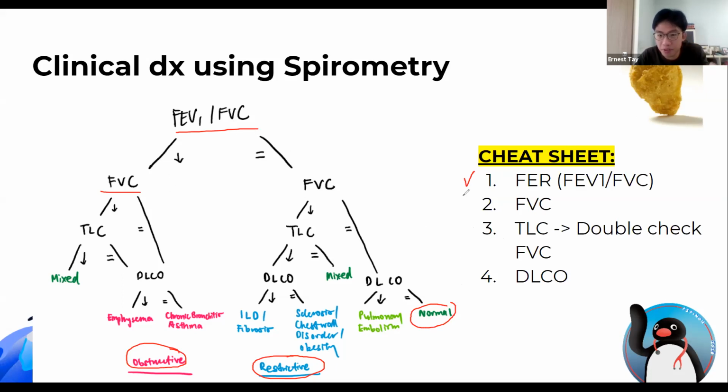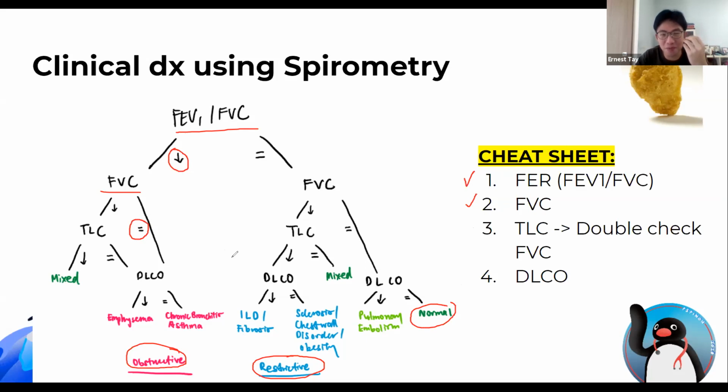So that's the first thing you want to find out. Then you move down the table and try to find out what your FVC is. Your FVC most of the time would finalize whether it's obstructive or restrictive, right? So assuming your FEV ratio decreases, and then your FVC is the same, okay, that should ring a bell.